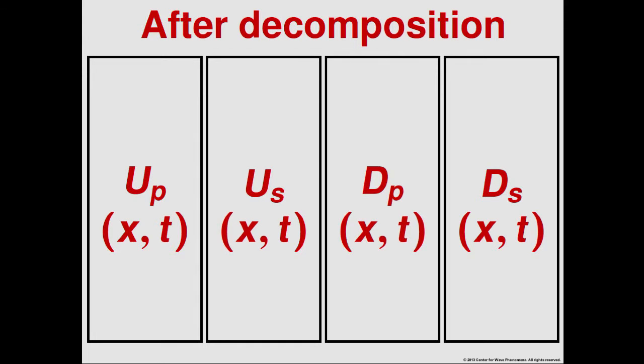The reason why we use Fourier transforms is that we don't want to estimate the angle of incidence for each wave or each point in the space-time domain. By using Fourier transforms, we decompose wave fields into different wave numbers, and we don't have to estimate the angle of incidence because of the relationship between wave numbers and the angle of incidence.